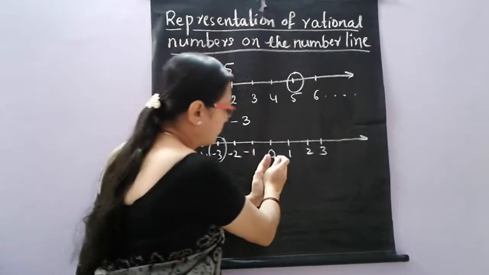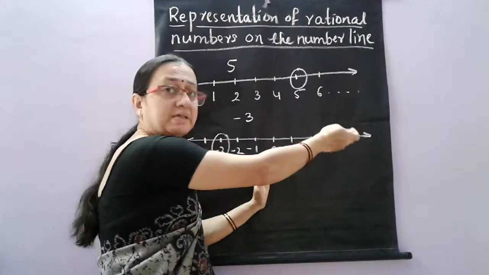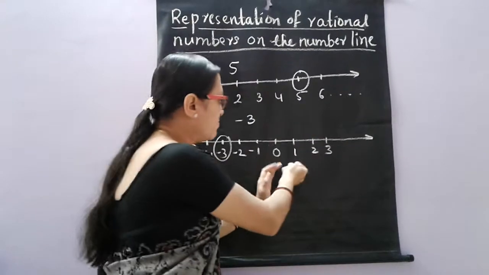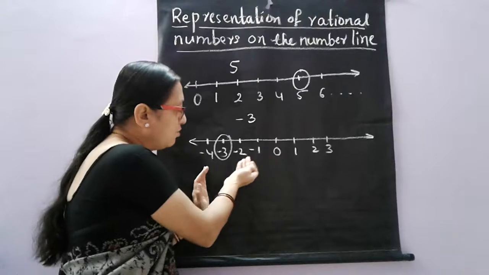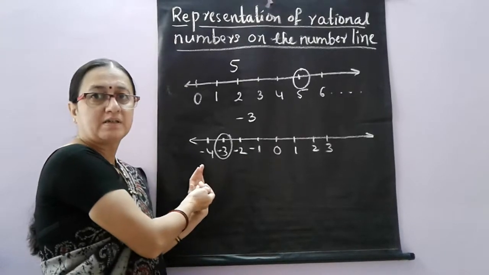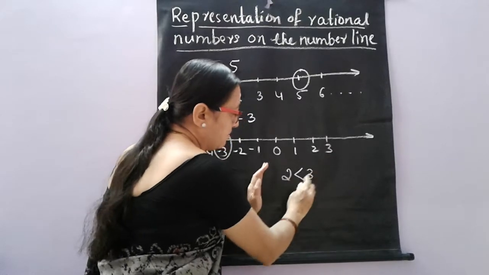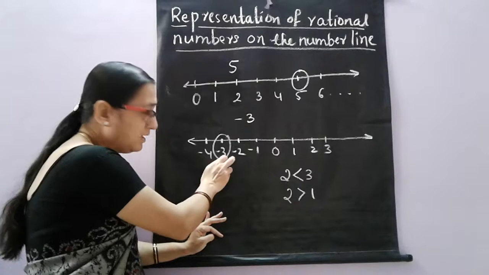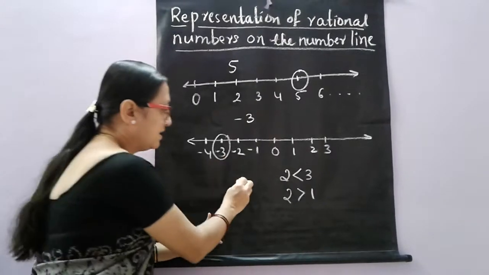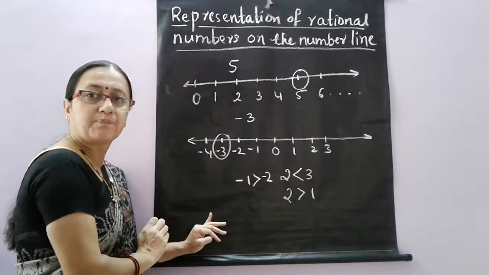As we move from 0 to the right side of the number line, the value of the numbers increases. When we move to the left side, that is on the negative side of the number line, the value decreases. So, 2 is smaller than 3, but 2 is greater than 1. But on the left side, in the negative side, minus 1 is greater than minus 2.